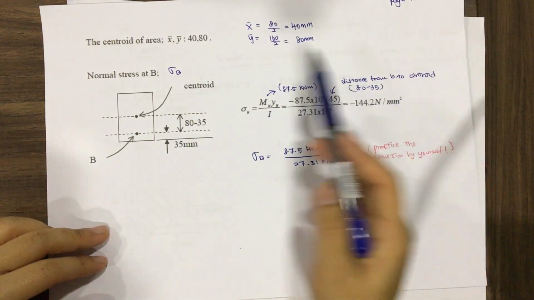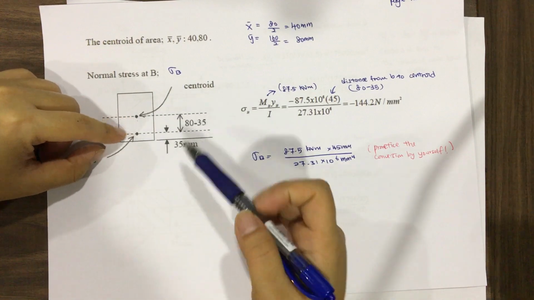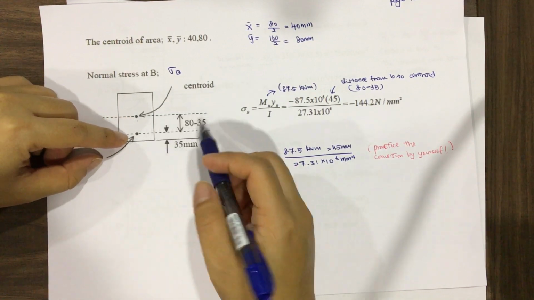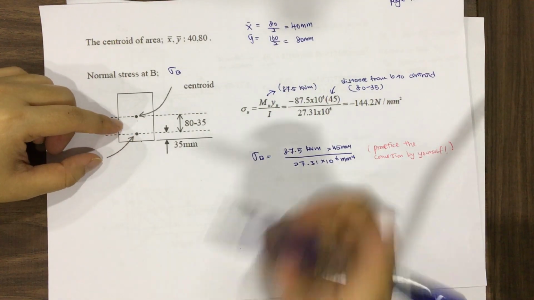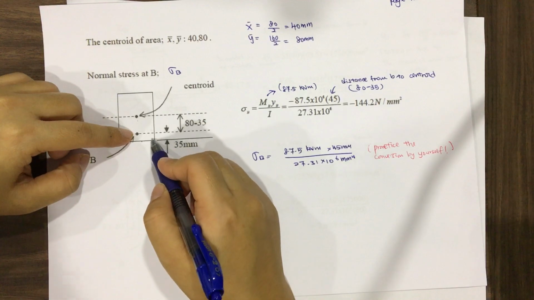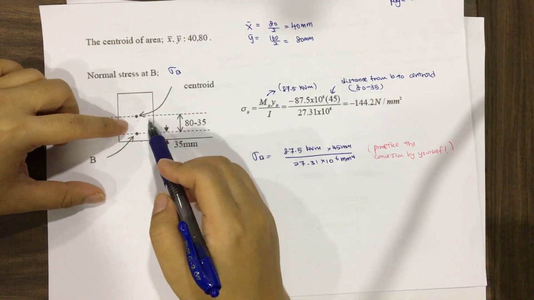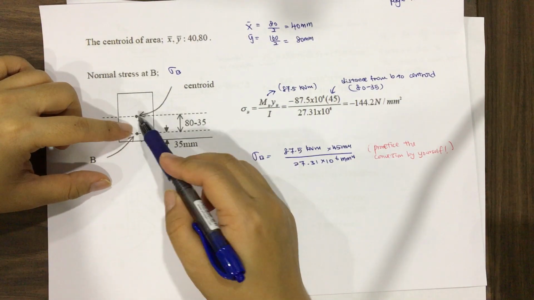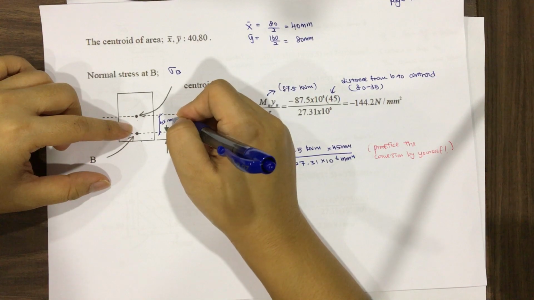And then the normal stress at B is what we now need to find. This is 35 from B to the bottom. Previously I mentioned 35 to the centroid, but it's actually 35 to the bottom. So 80 minus 35, the distance from B to the centroid is 45. So here to here is 45 mm.